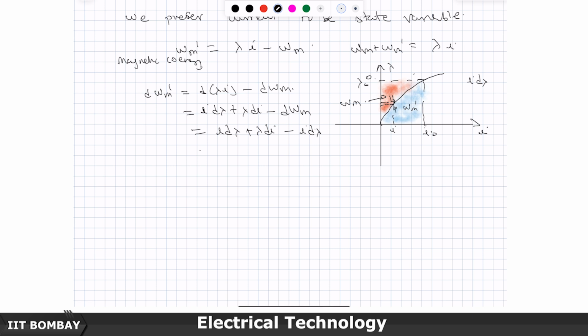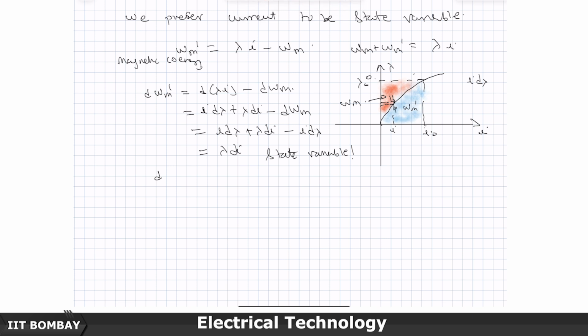So, therefore, this becomes lambda di, and now the state variable can be taken as di. This is the main advantage of working with the co-energy principle, that you can take the state variable as current.